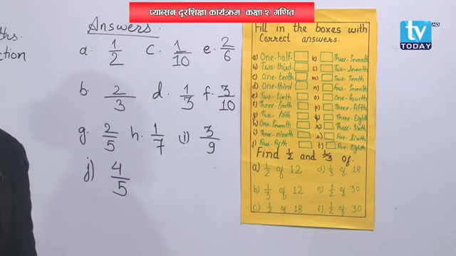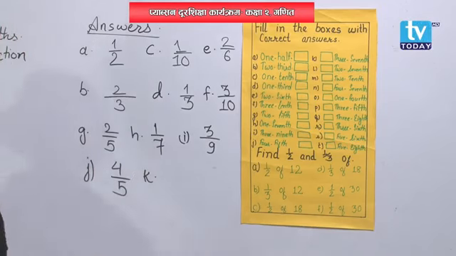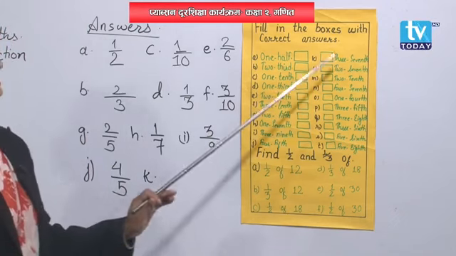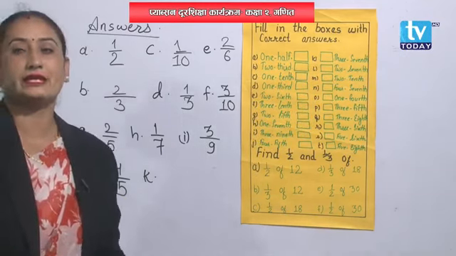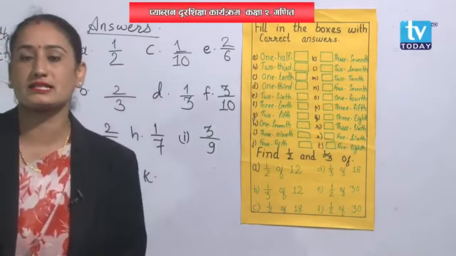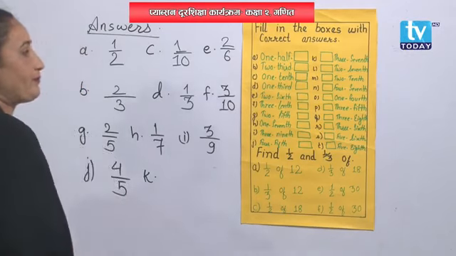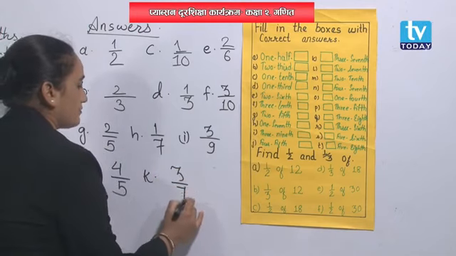Okay students, it's K number. It's time for the K number. 3/7. So out of 7 parts, how many parts are shaded over here? It's 3 parts. So 3 out of 7.